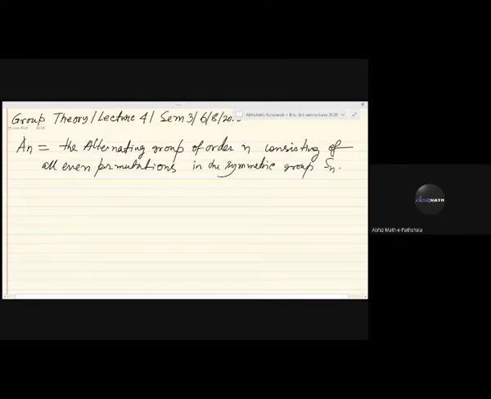And we have proved that this set forms a group, which is called the alternating group of order n.